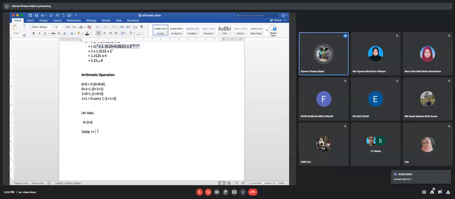The same thing, we just want to convert it into binary. Convert guna base tu rasa. Nak convert apa kepada apa? Decimal to binary. What is the first step you need to do? Convert? Nak convert apa ni?